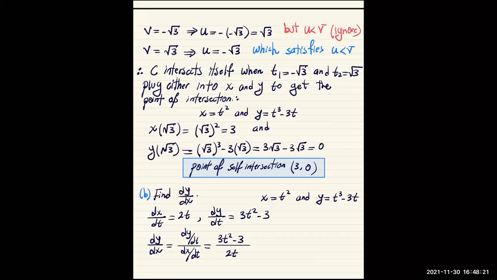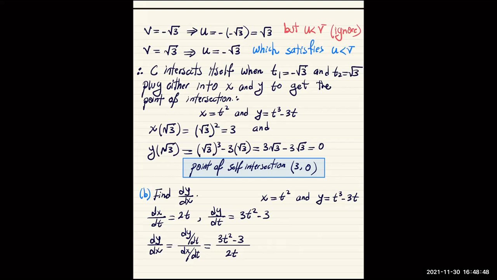The t values that correspond to this position are -√3 and +√3. If you label the t values on the graph, that's going to help you with the orientation. You don't have to label these, but it makes it easier to understand orientation.